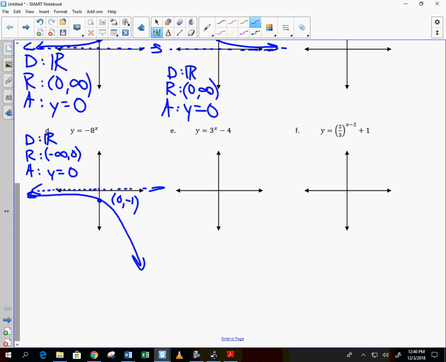How about the next one? Down 4. So that means the asymptote, instead of being at 0, is going to be down at -4. It used to go through the point 0, 1. So instead of going through 0, 1, what does it go through now? 0, -3.